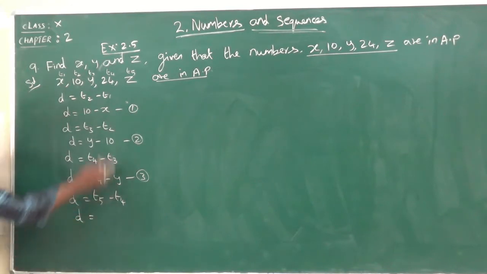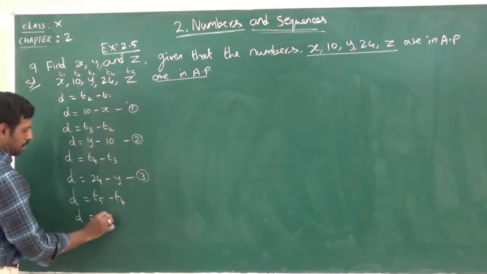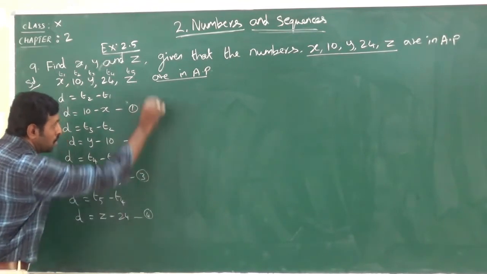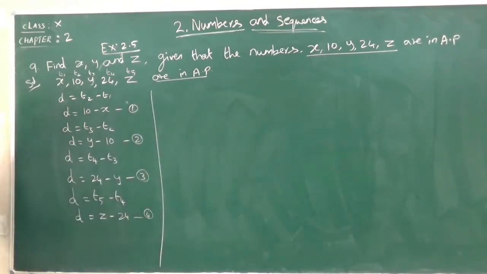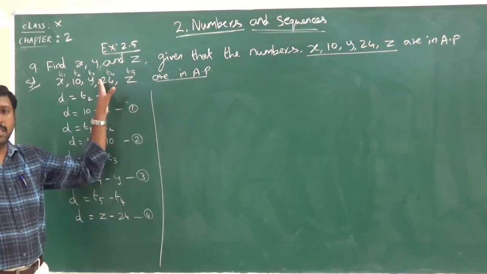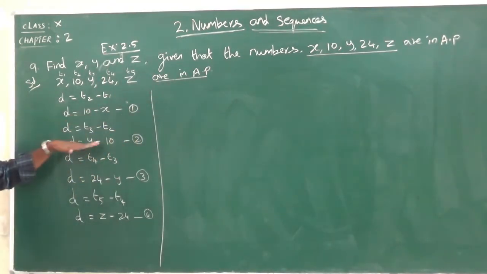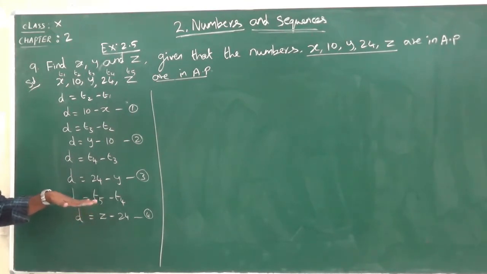D is equal to T5, given as z, minus T4, given as 24. I take this as equation number 4. By using equation numbers 1, 2, 3, 4, the common differences are equal by the condition that the sequence is an AP. So the differences we have taken are equal.